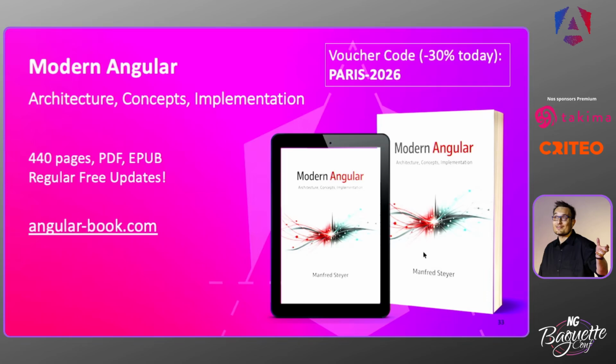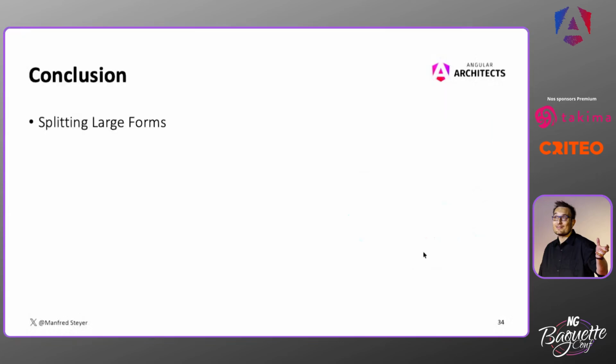How cool is that? Awesome. So let me conclude. What did we see today? Well, first of all, we have seen that signal forms are really a cool brand new API, perhaps the best API in the entire framework. It nicely allows us to split large forms into tinier forms, to break them down to subcomponents. It's really straightforward to have conditional validation: when this is true, validate this in a different way.